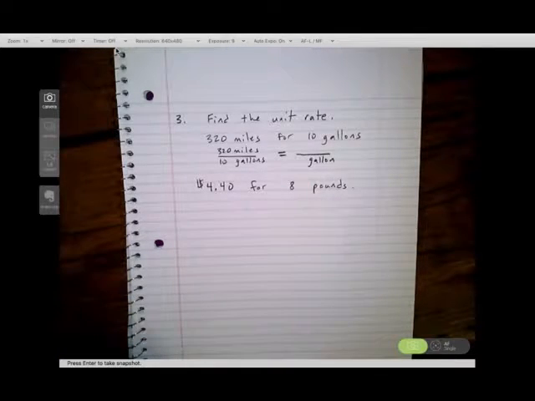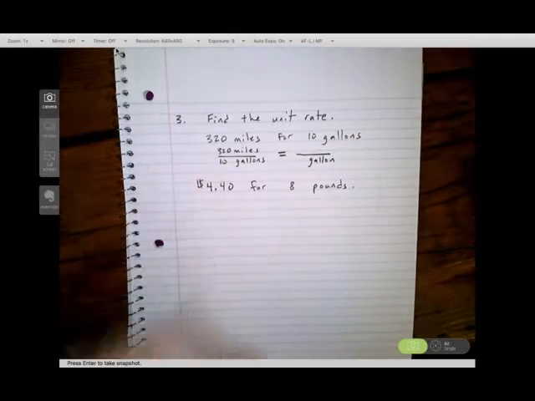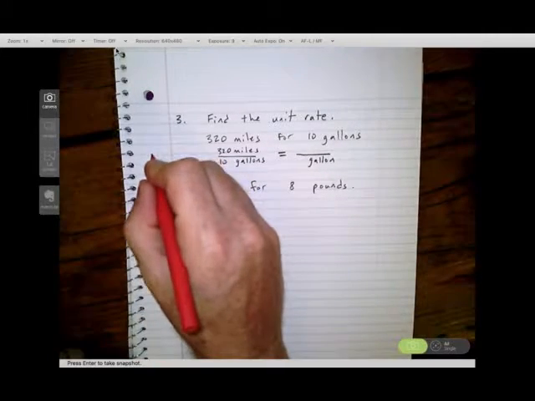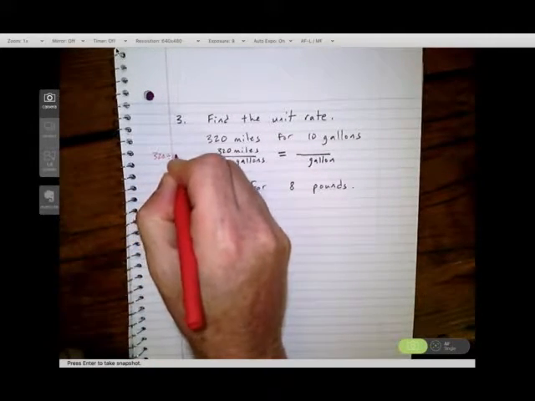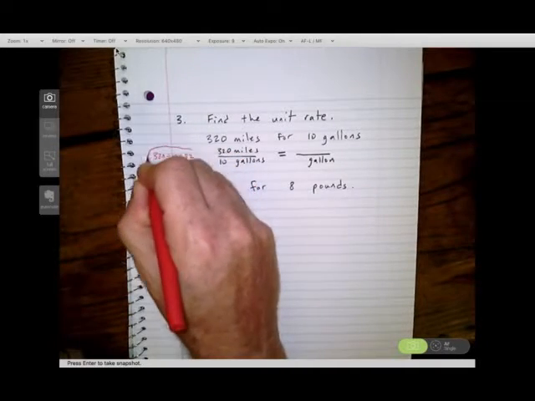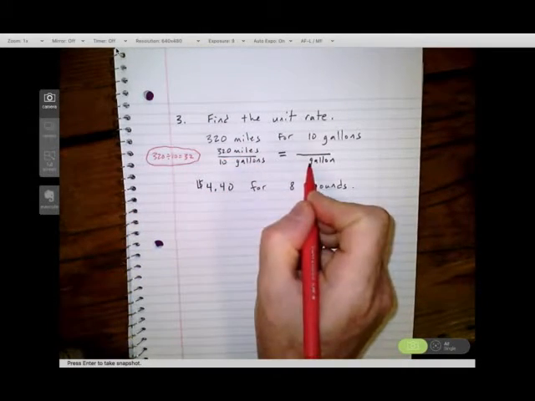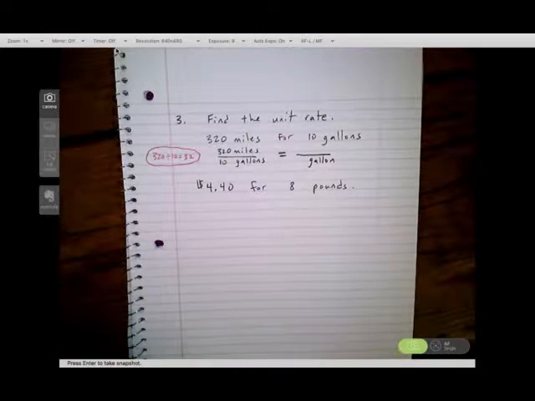So if I divide by 10, so 320, let me write that over here on the side somewhere. So 320 divided by 10 equals 32. Because 10 divided by 10 is 1, so 320 divided by 10 is 32.